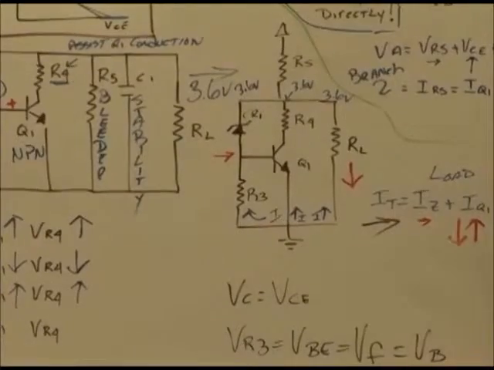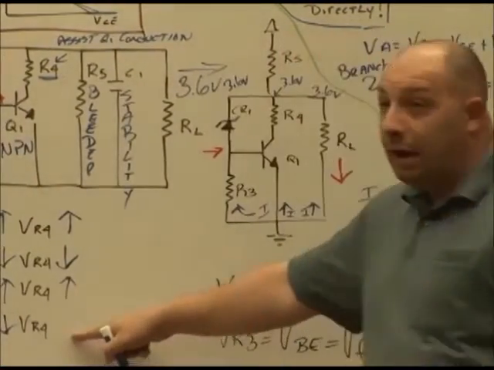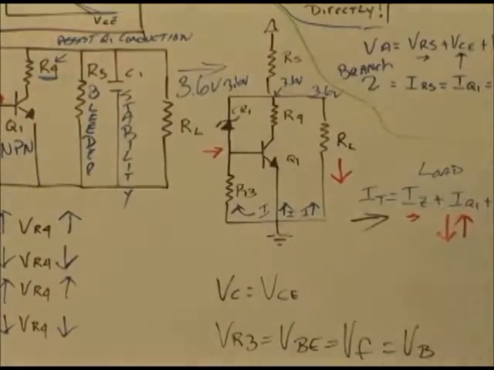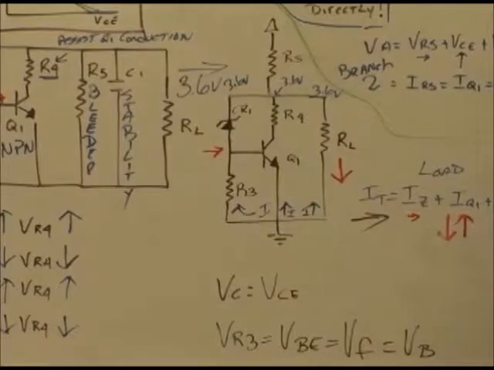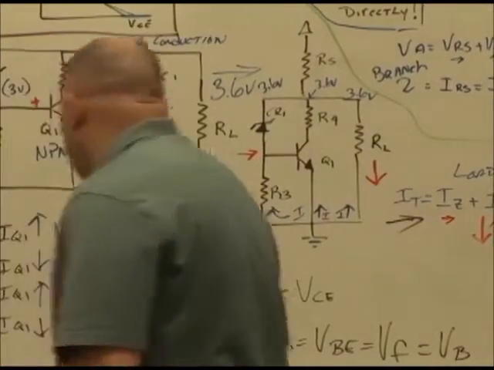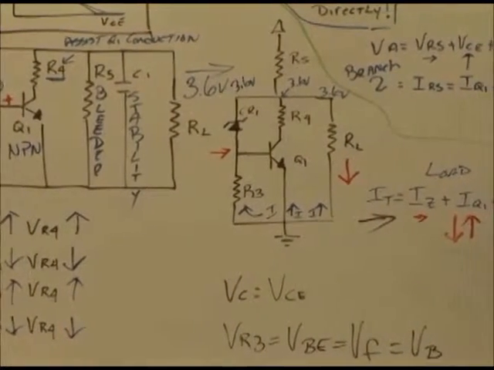Less transistor current. Hey, you can come over here, conduct less. Voltage drop R4 decreases. Since VR4 goes down, VCE has to. So I need that 3.6 volts back. Amazing. There it is.